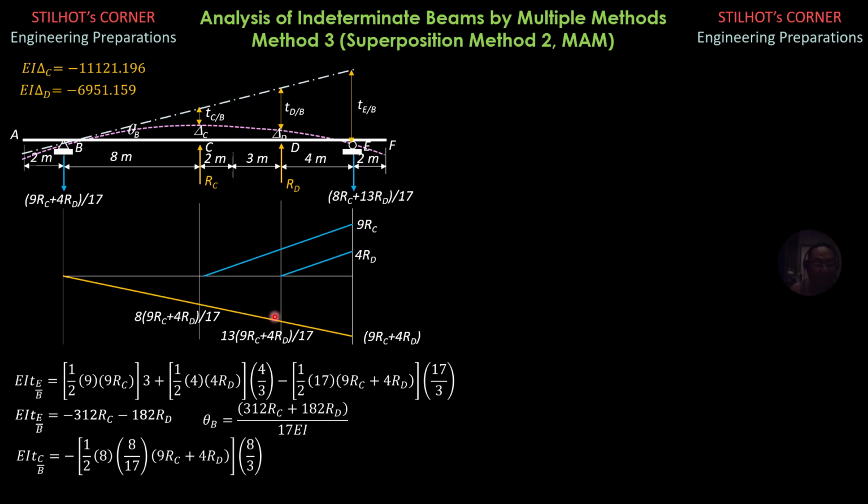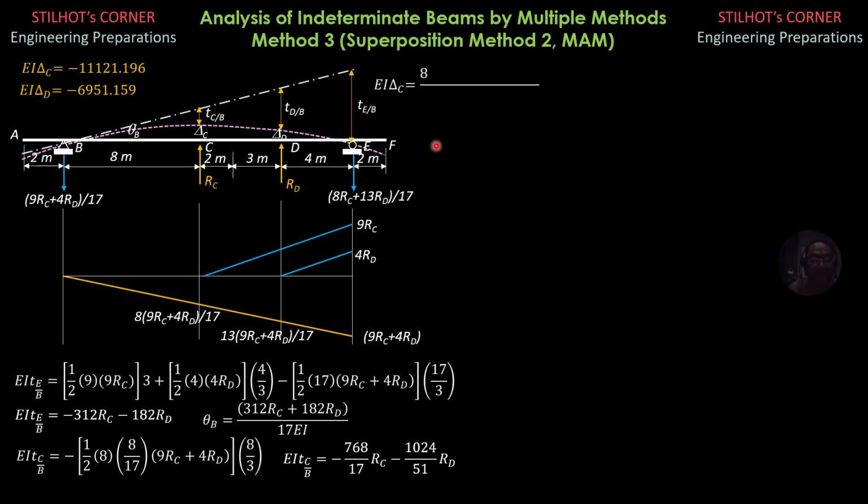Combining and simplifying, that's equal to negative 768 over 17 RC and negative 1024 over 51 RD, and that shows here below the reference tangent. So finally, delta C is equal to 8 times the absolute value of theta B, that's positive, minus the absolute value of the deviation of C relative to B.